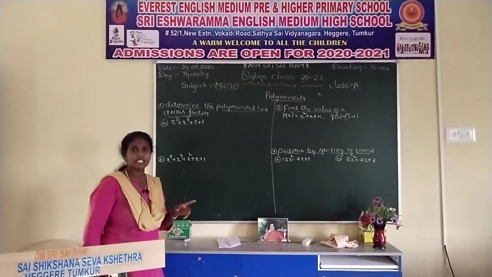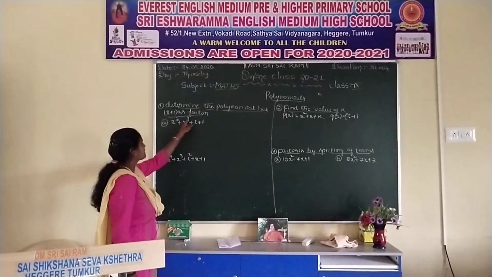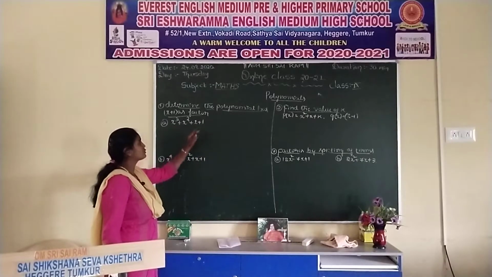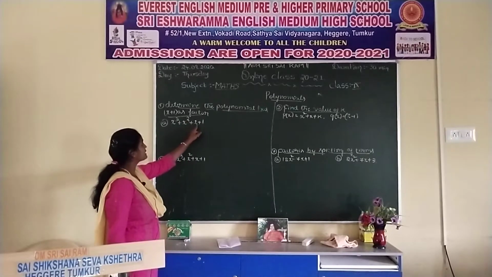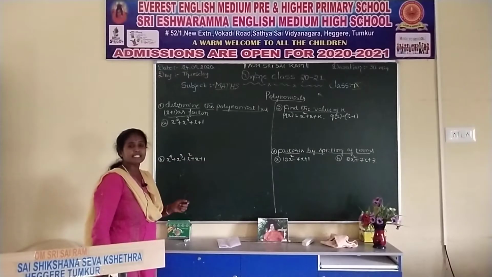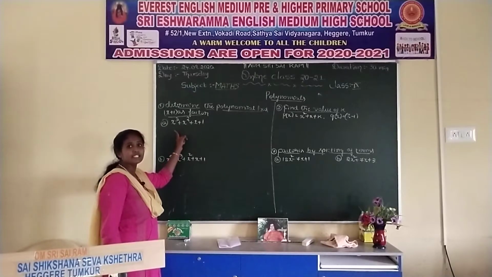You have to check whether x plus 1 is a factor of x cube plus x square plus x plus 1. See here, x cube plus x square plus x plus 1 is an example of a polynomial expression. From this polynomial, the degree is 3.